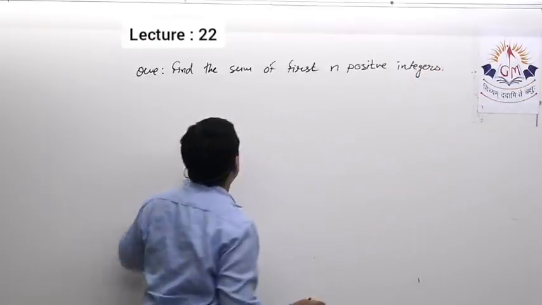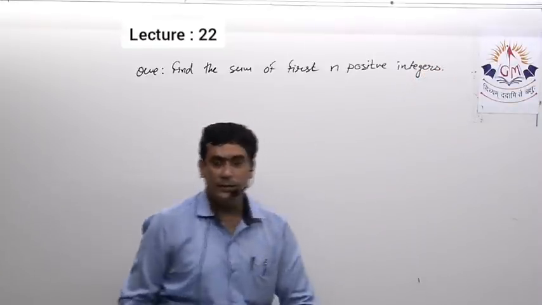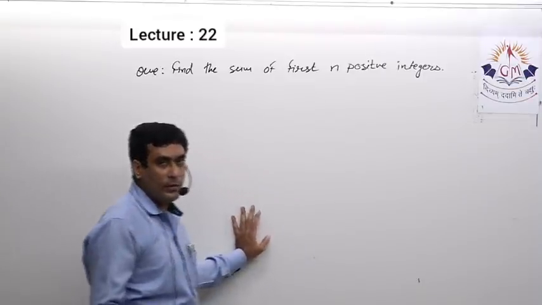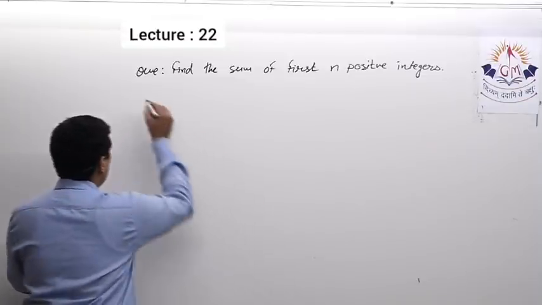Or if I say find the sum of first n natural numbers, it is the same thing, because first n positive integers means first n natural numbers.